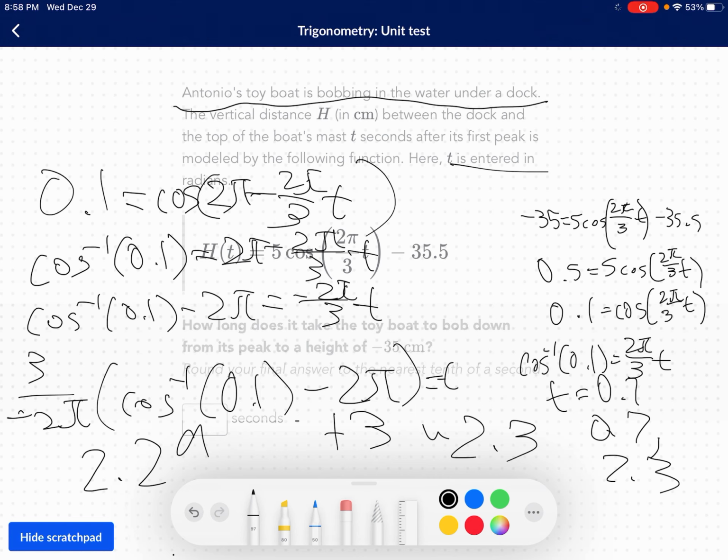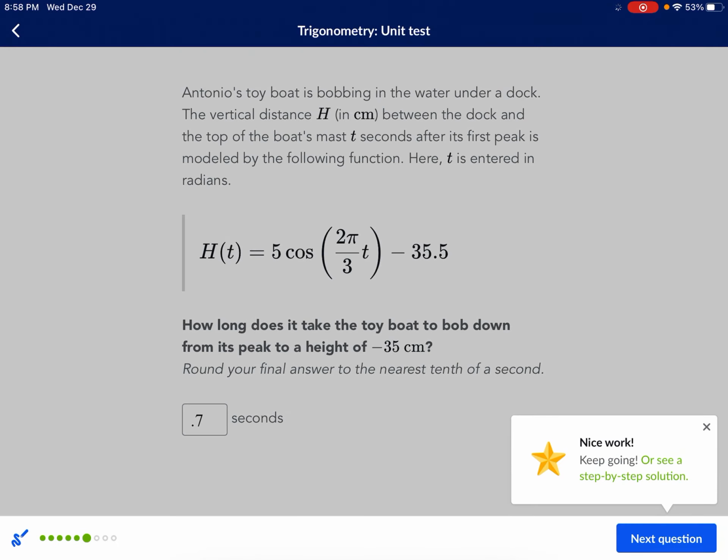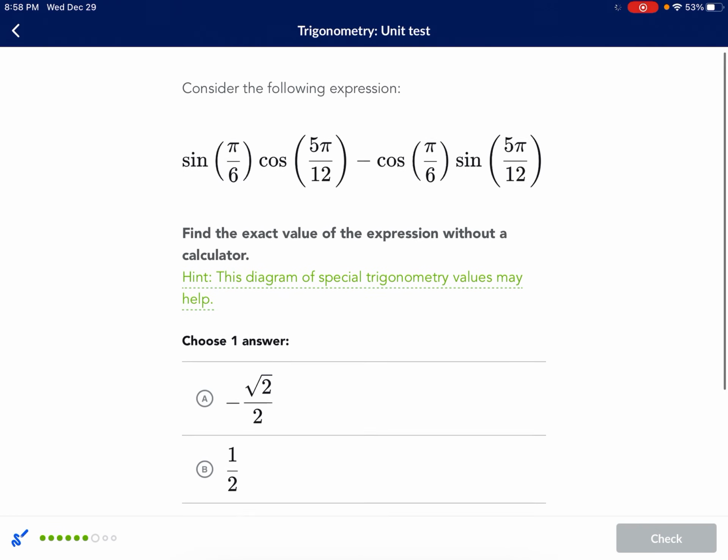The vertical distance between the dock and the top of the boat's mast. I'm gonna say 0.7. Nice.